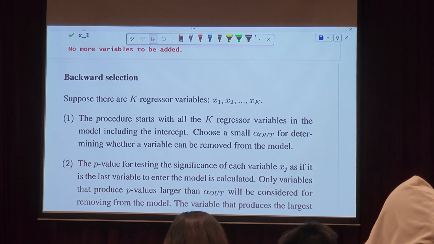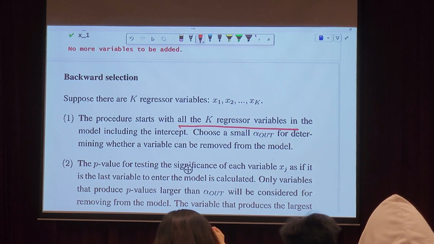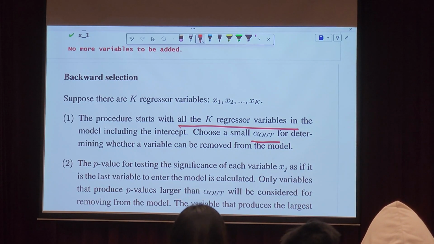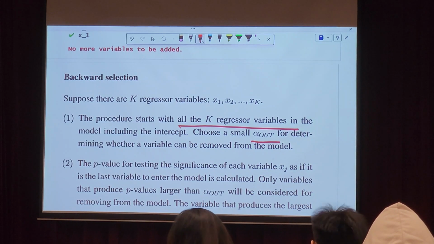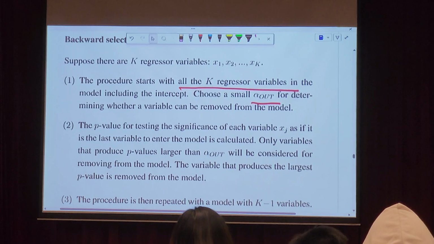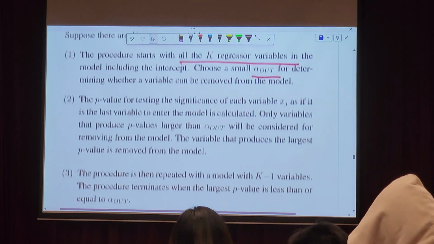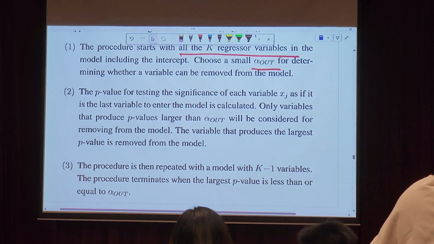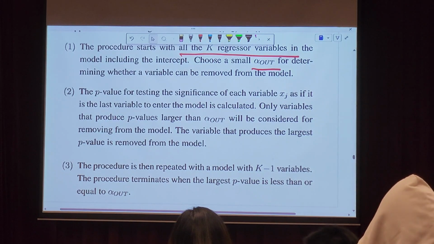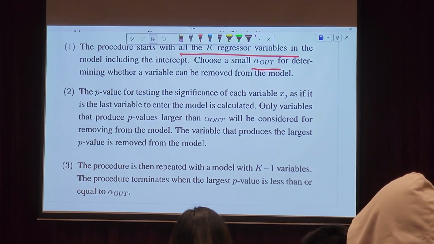So you start with everything and then choose this alpha out. It could be a number like 0.05 or something. And the p-value for testing each xj is calculated, and then you can see which one can be kicked out.